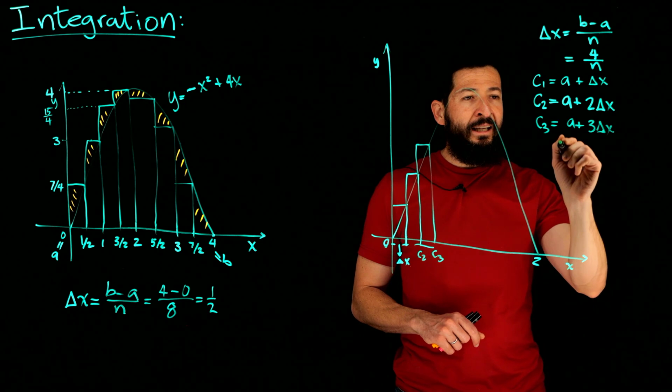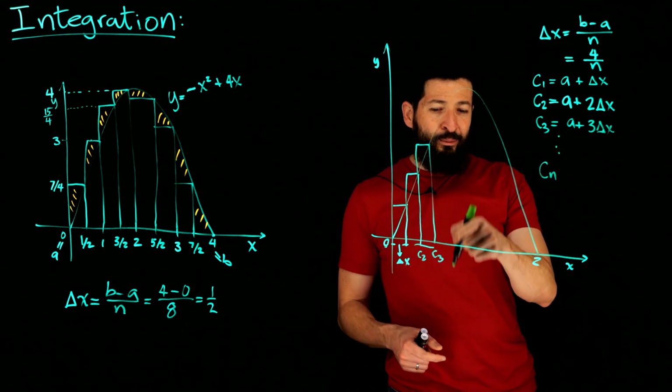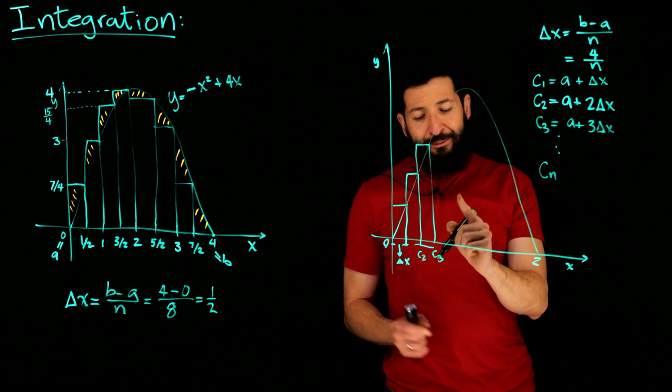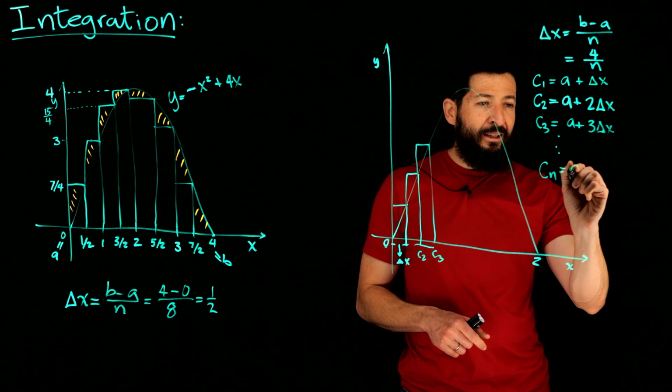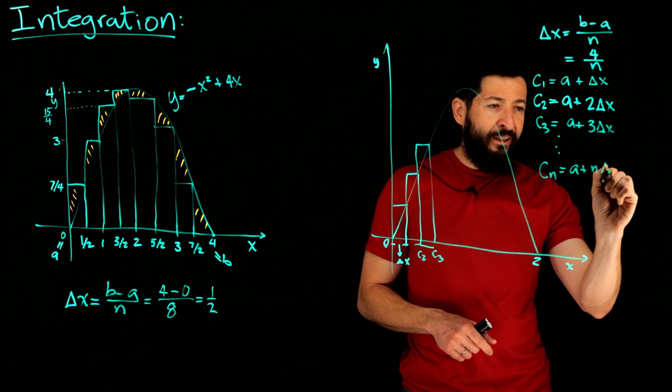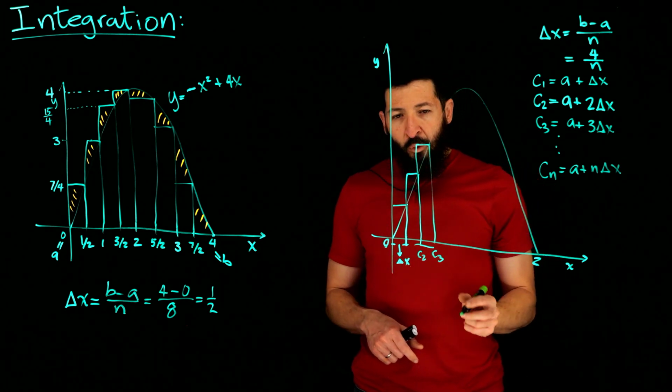If you continue like that inductively, the nth rectangle here, or the nth endpoint of the interval, will be a plus n delta x. So now, what are the heights?